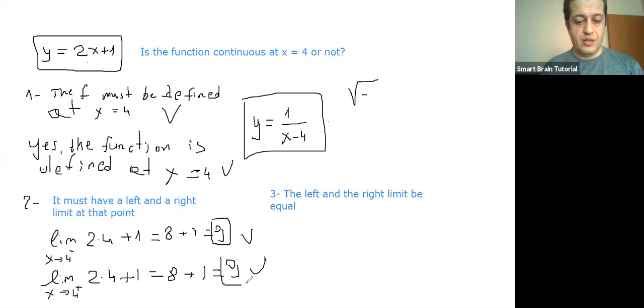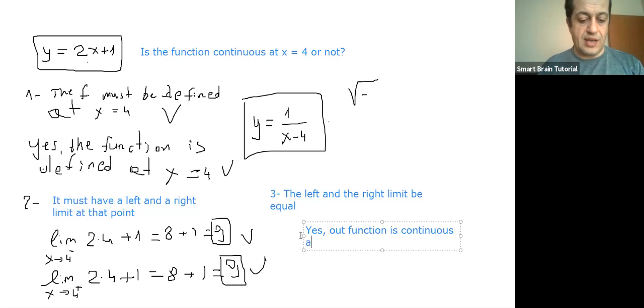So we say yes, our function is continuous at x equal to 4. Do you understand what I'm saying, what I'm trying to explain?